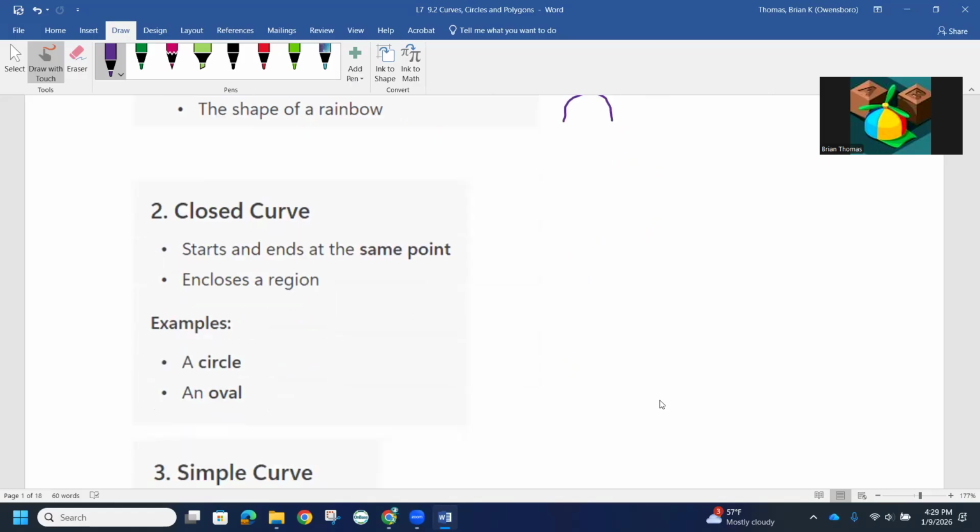A closed curve starts and ends at the same point and closes a region. You can almost think of it like Formula One, where you have a racetrack, you've got a bend, another straightaway, bend, straightaway, bend. But notice how you make a full loop, if you will. You get back to the same point.